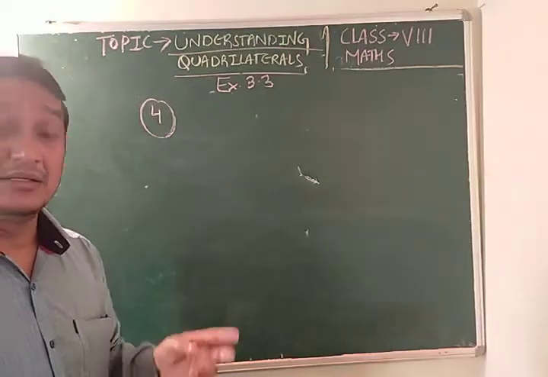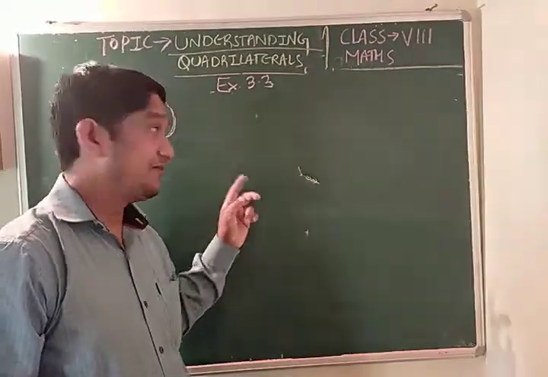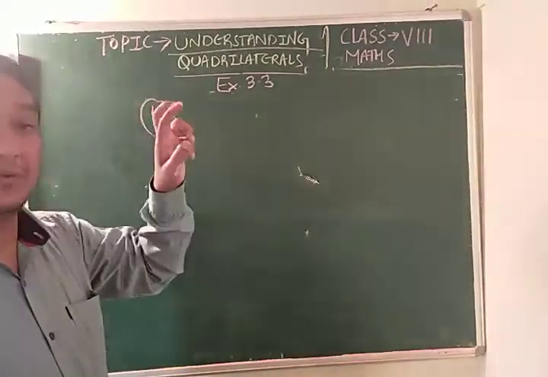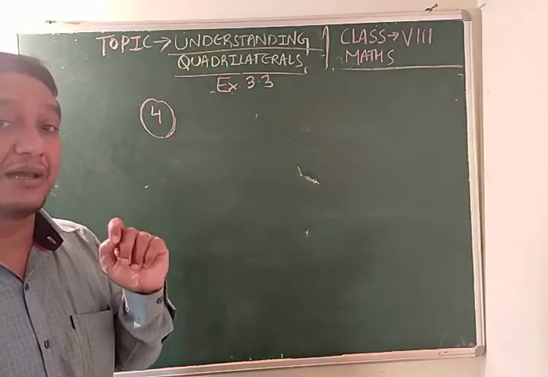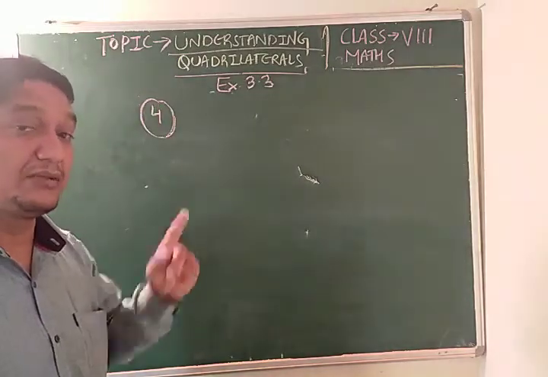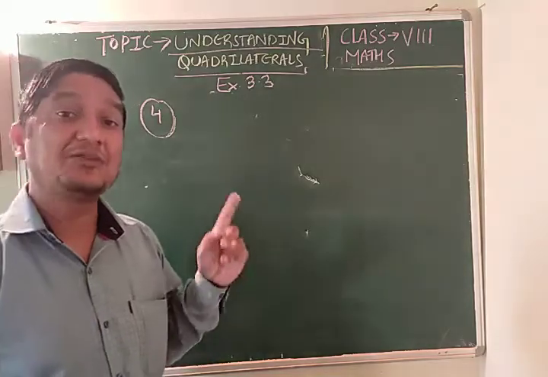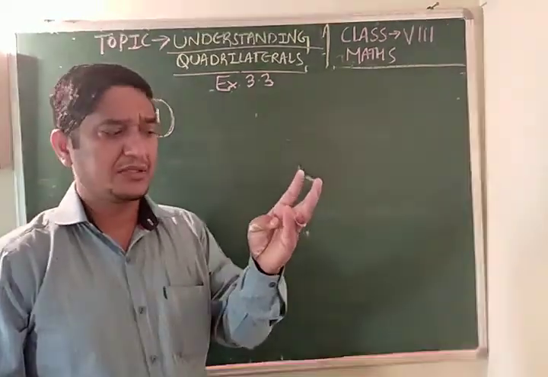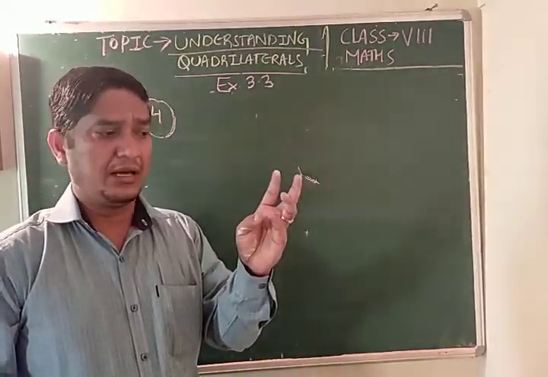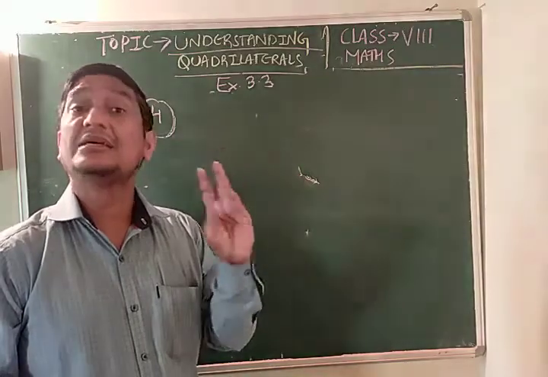We have to draw a rough sketch in which two opposite angles are equal, but that is not a parallelogram. So children, recall all the properties of the quadrilaterals: parallelogram, trapezium, square, rhombus, rectangle, kite.